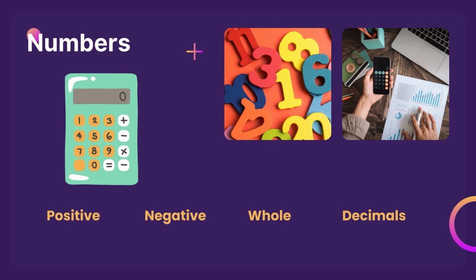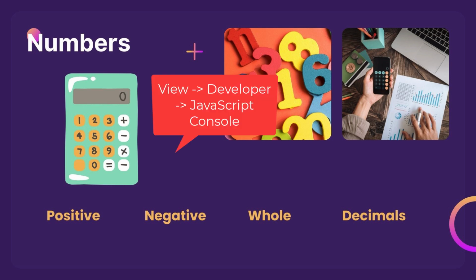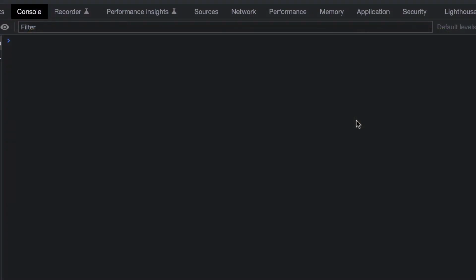To do this, we'll use the console. If you're using Chrome, you can access this by selecting View, Developer, and JavaScript Console. So let's start by looking at positive numbers. We can simply type 1 into the console, and this would be a positive number. We can use another example and use the number 100. It works exactly the same for negative numbers.